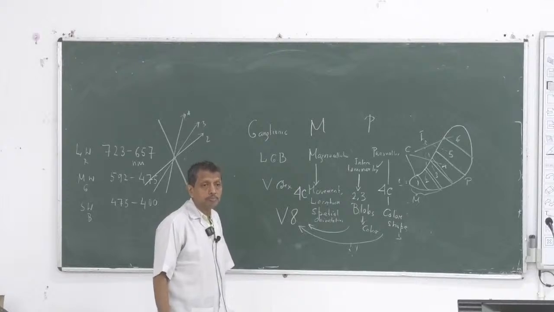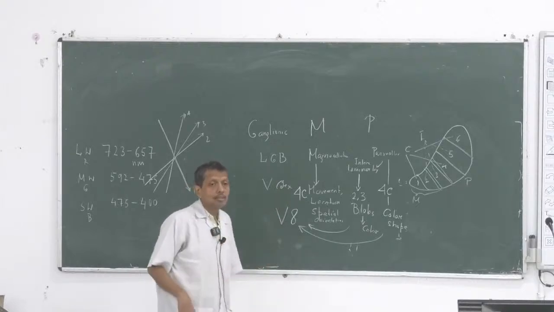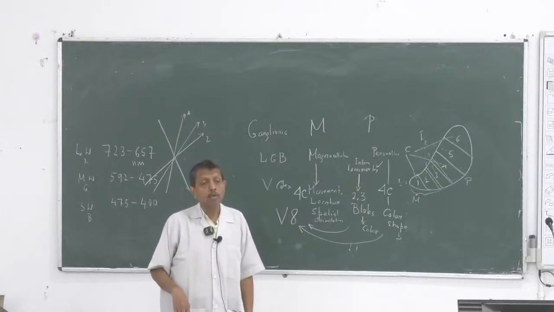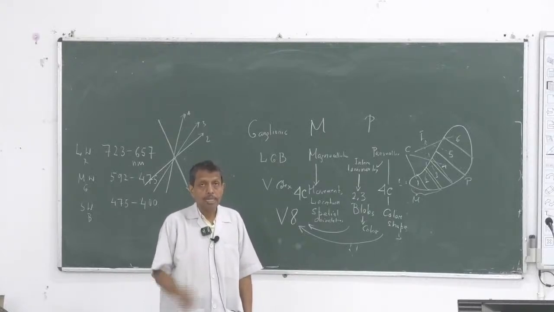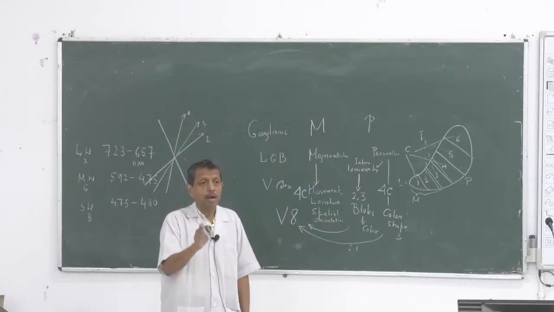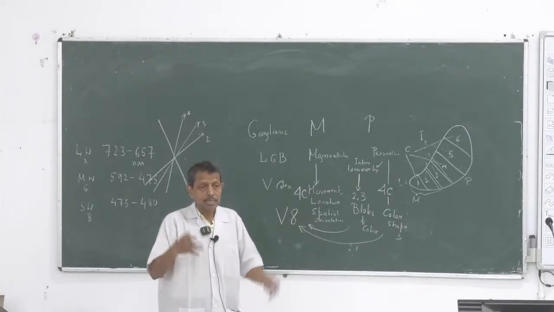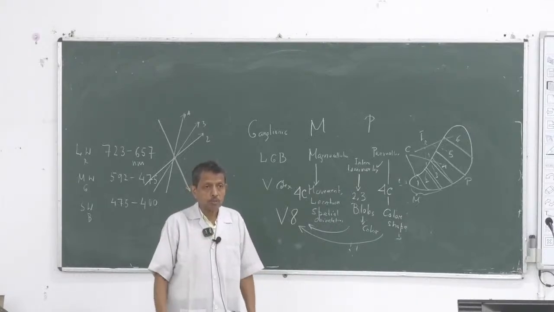And there is bilateral comparison, binocular vision. At the middle part, the common part, it is seen by both the eyes, and there is correspondence.